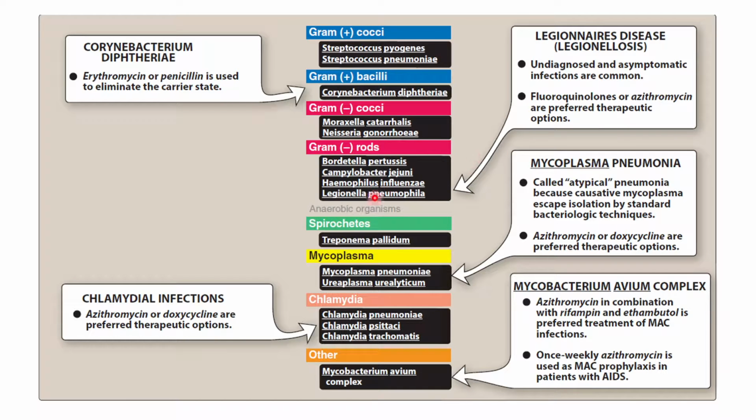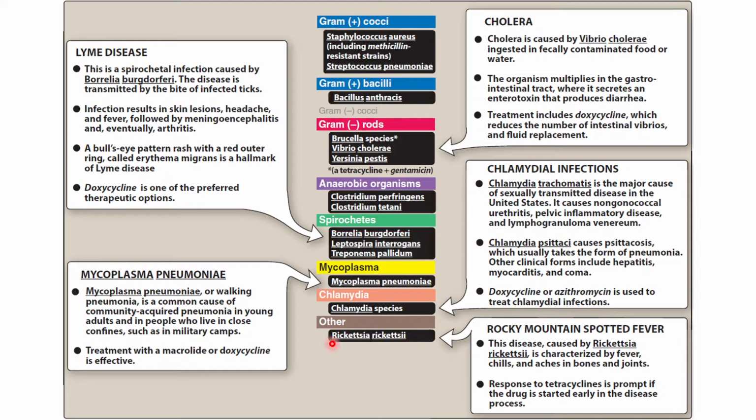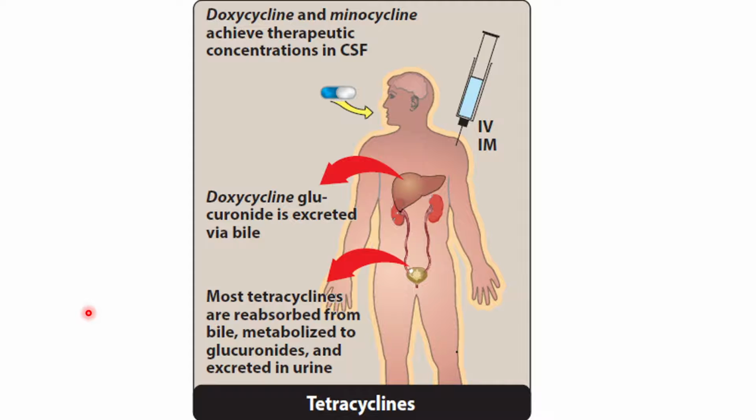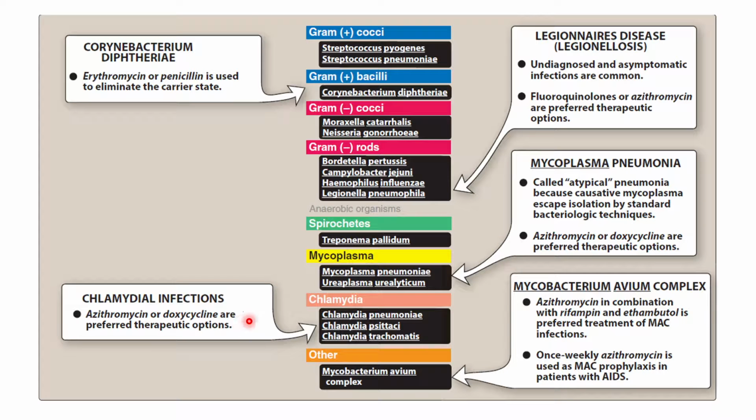It's not gram-positive. It's a mycoplasma with nucleic acid in the cell that is impermeable for the dyes. Azithromycin or doxycycline can be used. Doxycycline we already discussed; it is a tetracycline. And azithromycin is actually more effective.